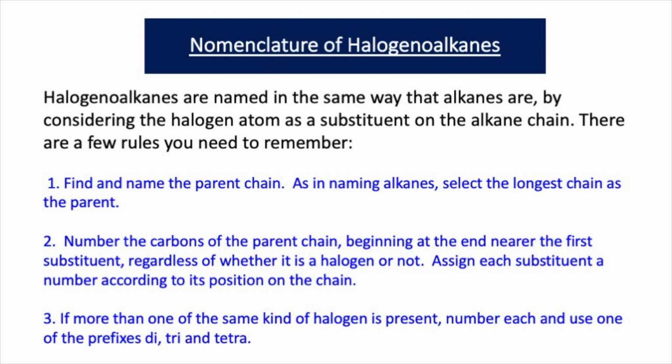Now, you also have to remember that di, tri and tetra do not count alphabetically. Dichloro counts as a C, not a D, and triethyl counts as an E, not a T, because di, tri and tetra do not count alphabetically when naming a halogenoalkane or any homologous series.